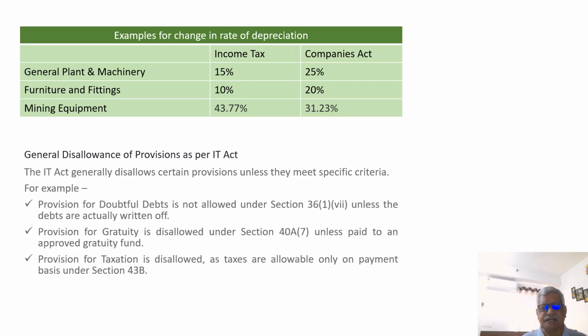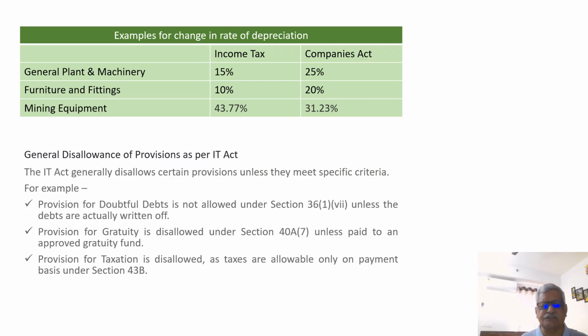Furniture and fittings 10% by Income Tax Act and 20% as per Companies Act. Similarly, mining equipments 43.77% as per income tax and 31.23% as per Companies Act.